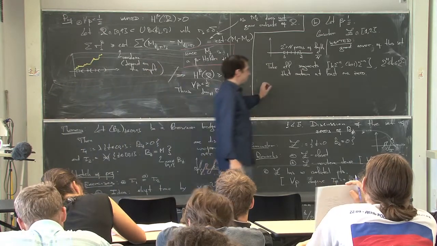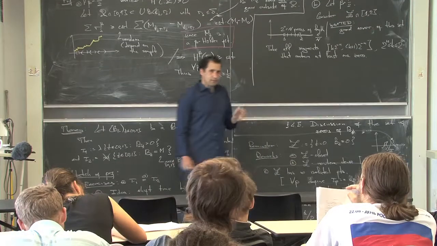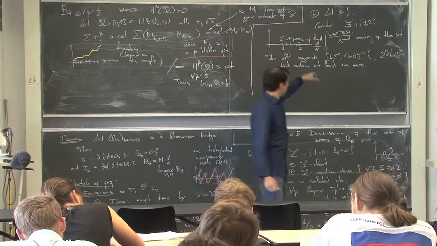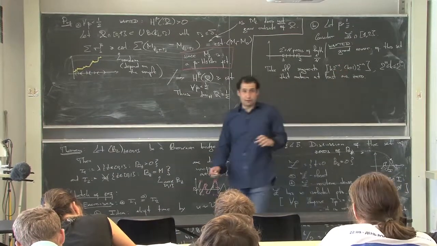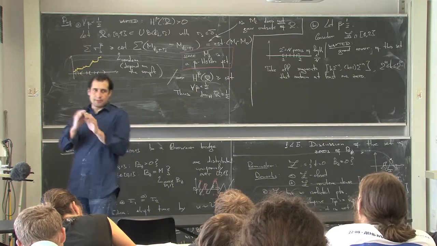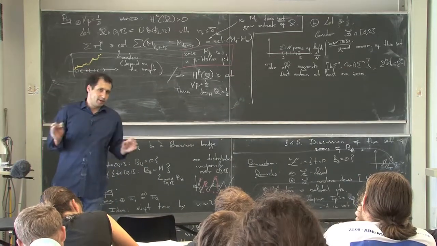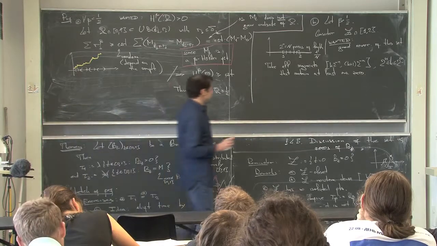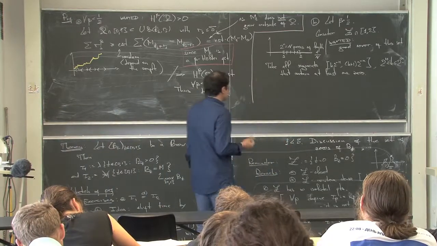What I would like to say is that this is a proper cover, that if n is chosen large enough, then it cannot be that I have many zeros there. Okay?